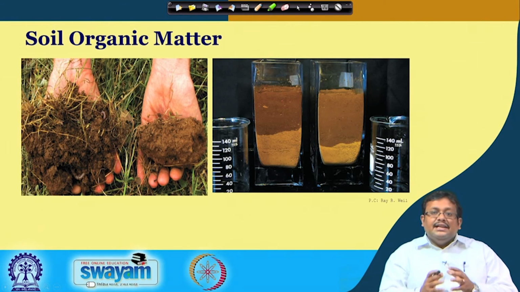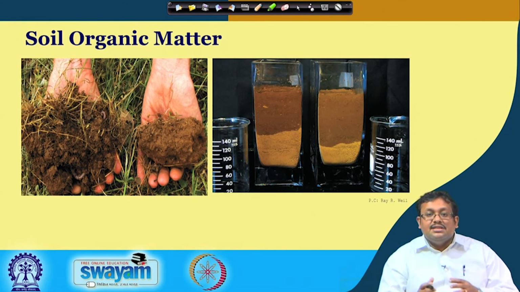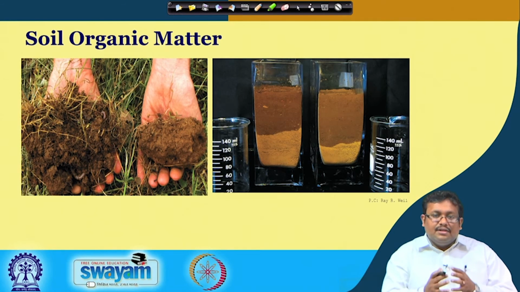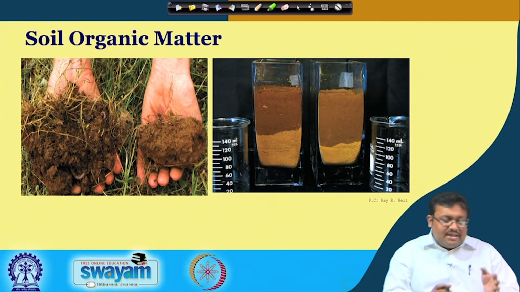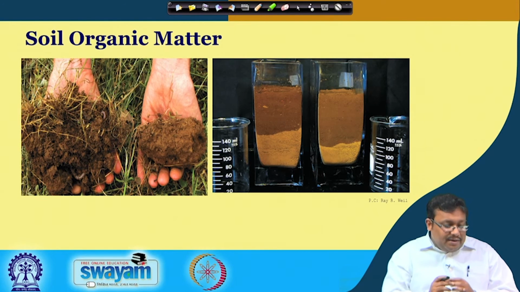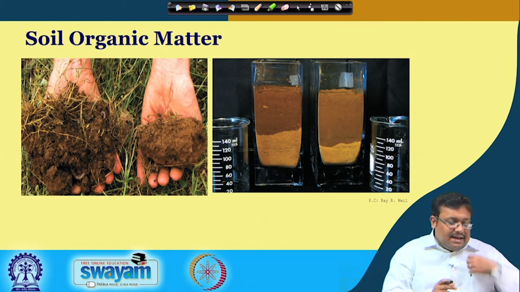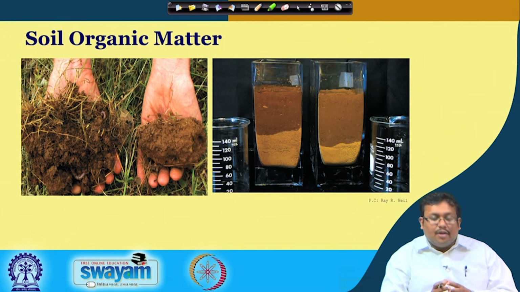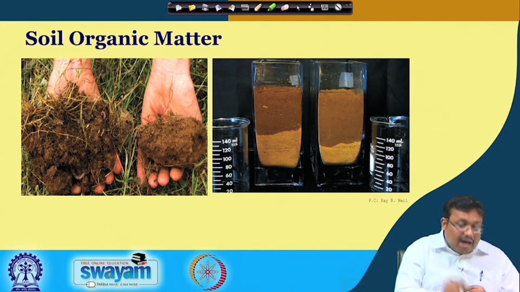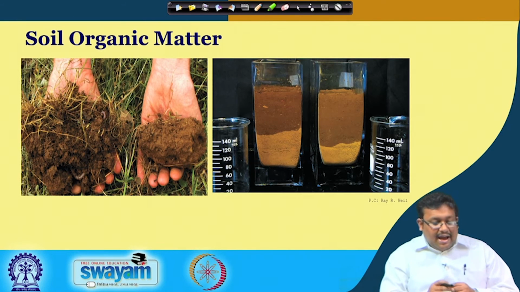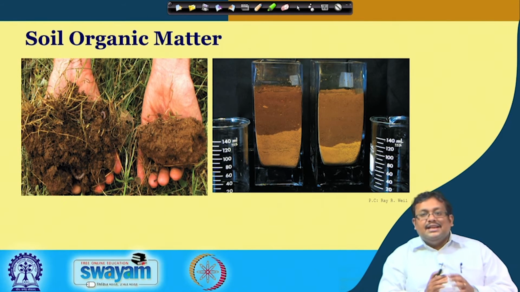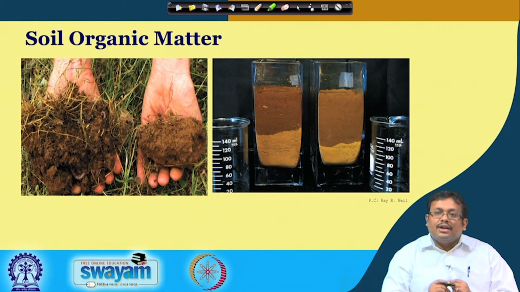So, the composition of soil tells us whether a soil is fertile or not, or in other words whether the soil is good or bad. For example, in the left picture you can see the leftmost soil has a high amount of organic matter. As you can see, earthworms can be seen, and the rightmost soil has a low amount of organic matter.